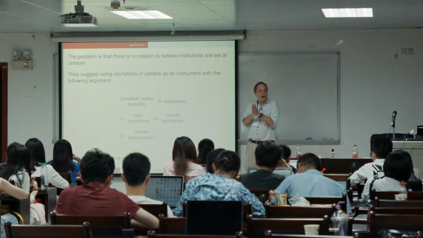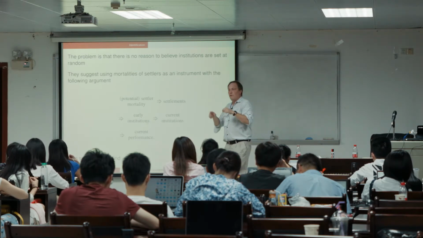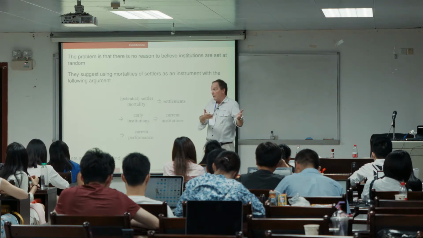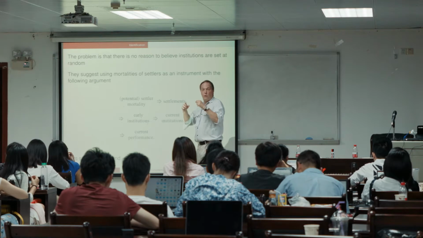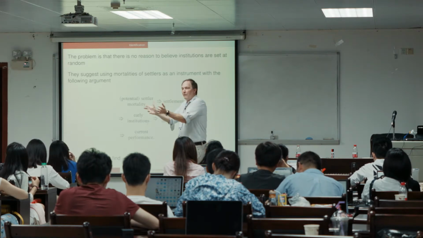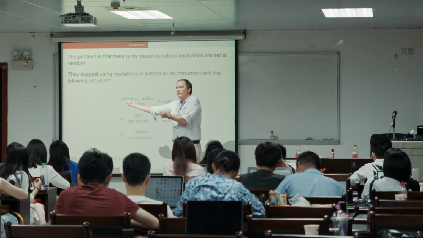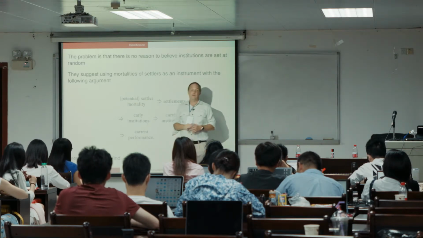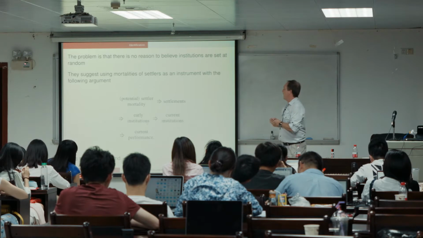The thing is that I generally would prefer to colonize a place where I'm going to live than colonize a place where I'm going to die. So I want to colonize places where if I put a settlement there, the people are going to tend to live. Okay? So what they're going to use as their instrument is this potential settler mortality.